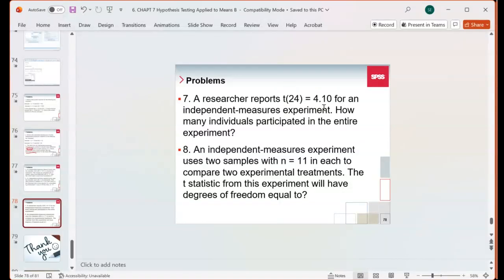How many individuals? We already said it, 26. An independent measure experiment uses 2 samples, 11 and 11, so that's 22 people. The t-statistic for the experiment will have degrees of freedom of what? Again, 22 minus 2 is 20.